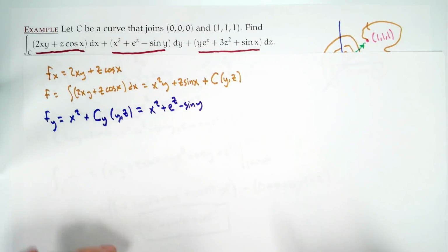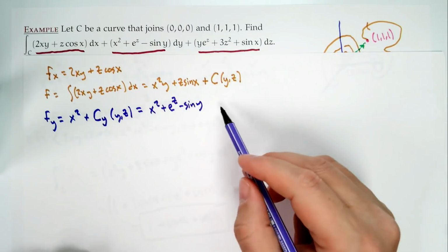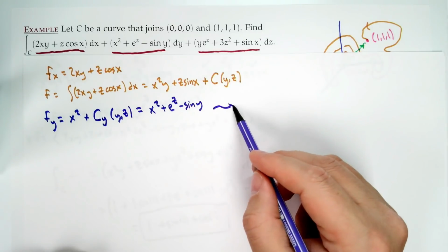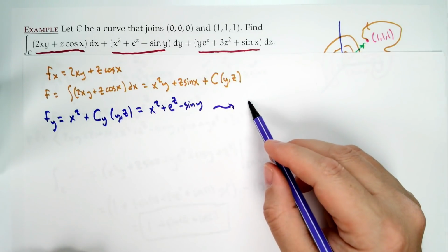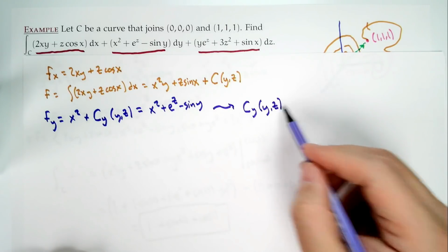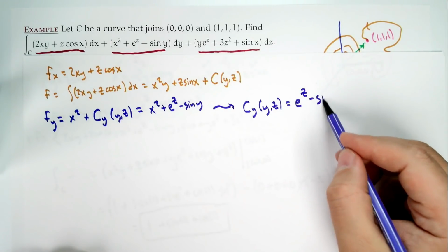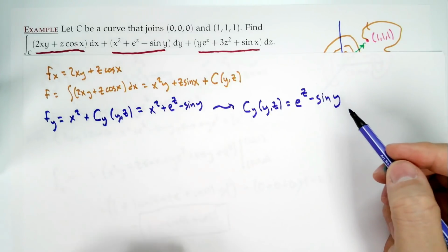And what do you notice? Well, the x squareds are going to cancel. So we can conclude from this that c sub y of yz is equal to e to the z minus sine of y.